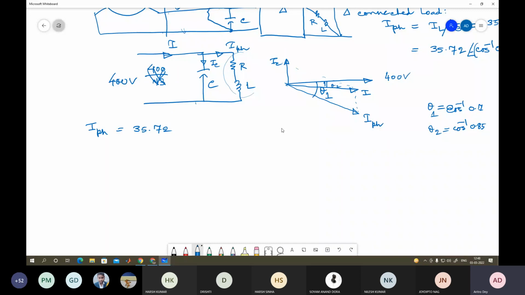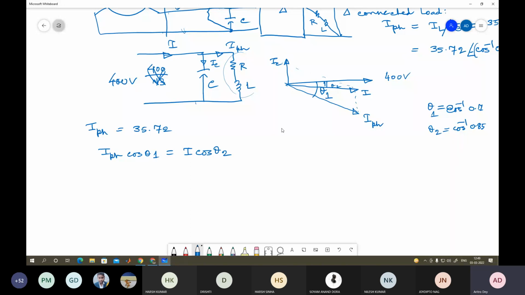It is 400 by the capacitive reactance XC, that is equal to your IC. So we need to find out our IC. So I phase cos theta 1 is equal to your I cos theta 2. So this is one relation, isn't it?